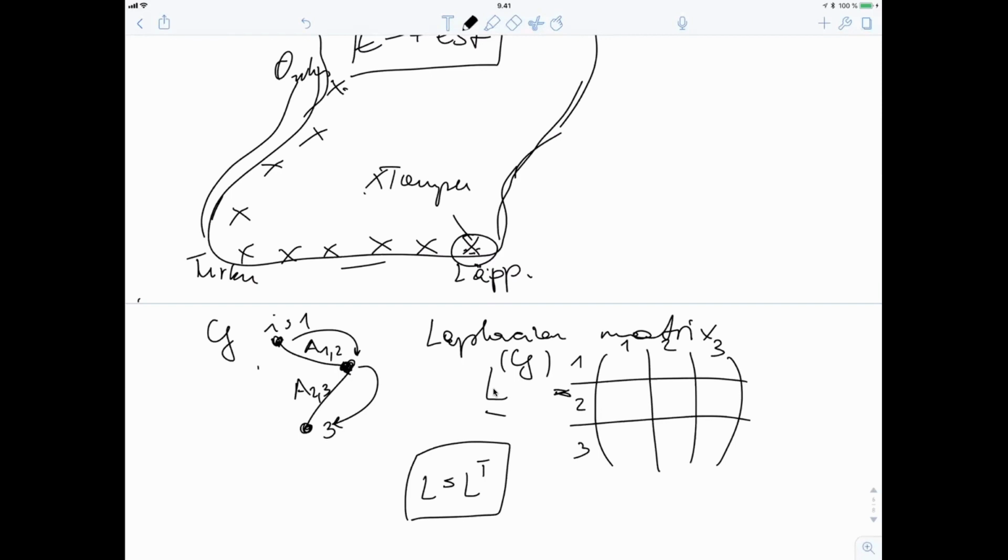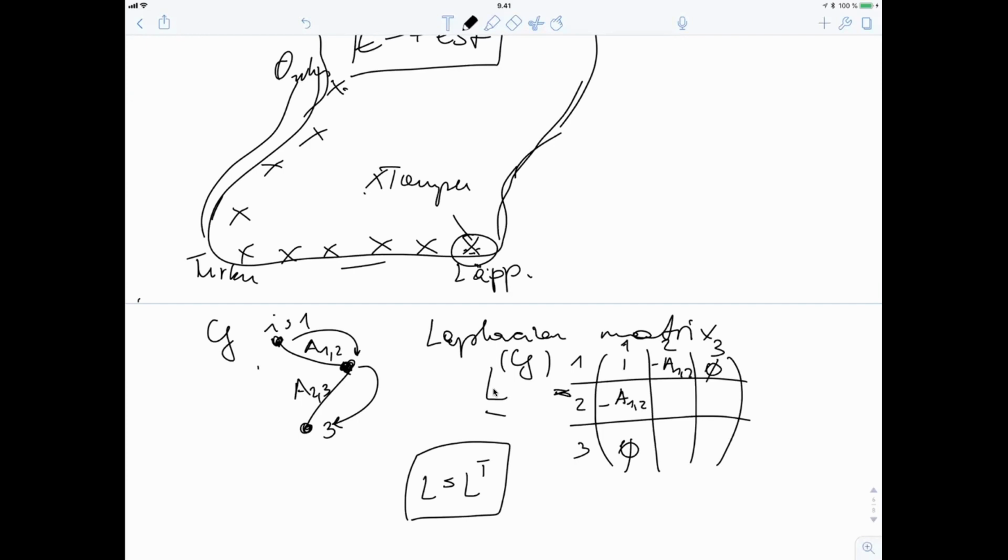And it's defined as follows. For each off-diagonal entry, you put minus the edge weight if there is an edge between those two nodes, so minus A12, and here minus A23. Between node 1, the first column, and node 3, the third row, there is no edge, so there's a 0. And on the main diagonal, you put the negative of the sum of all off-diagonals.